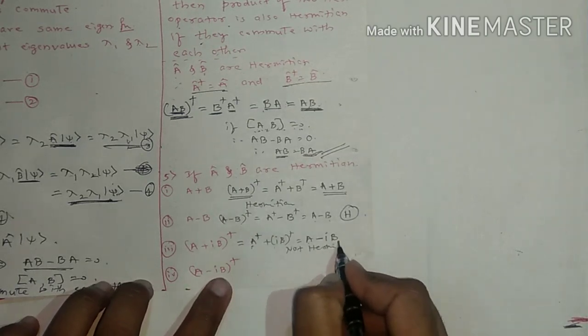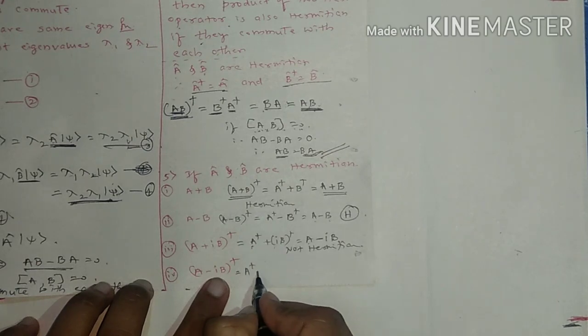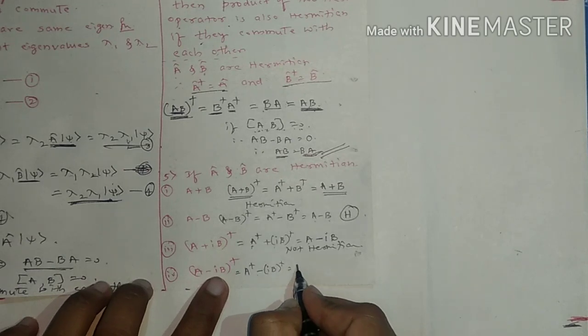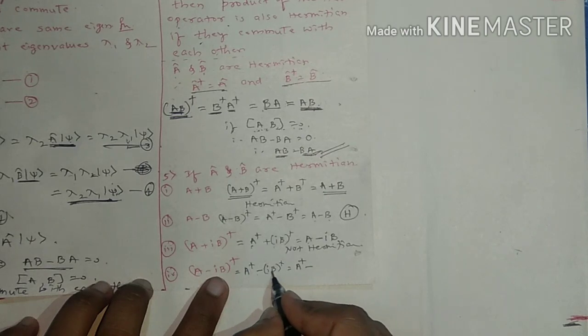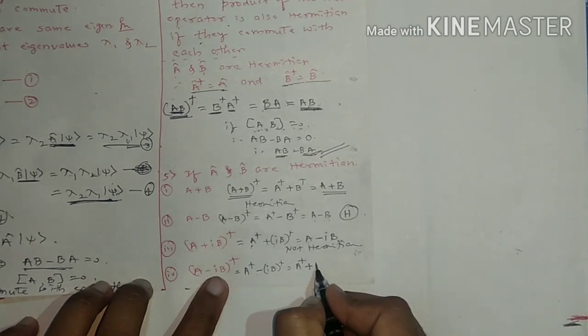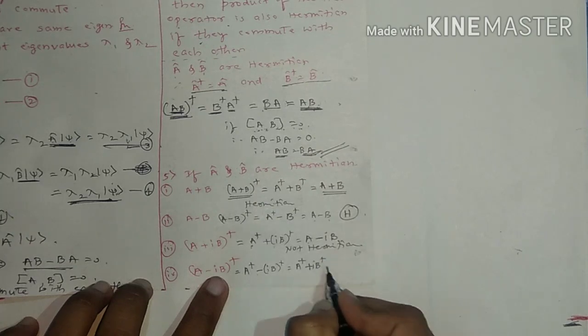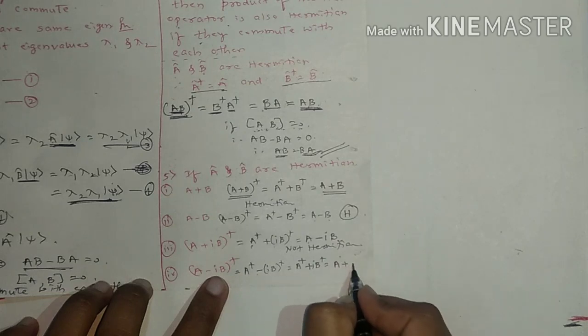So similarly, this is equal to A dagger minus (iB) dagger. So that will be A dagger minus, so this will be minus minus plus, so that gives us B dagger, so that will be A plus iB.